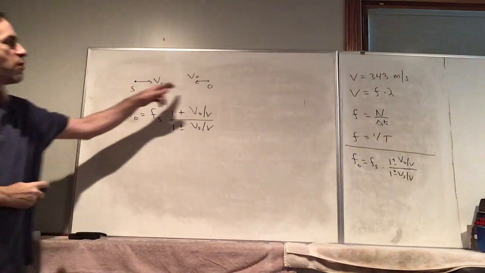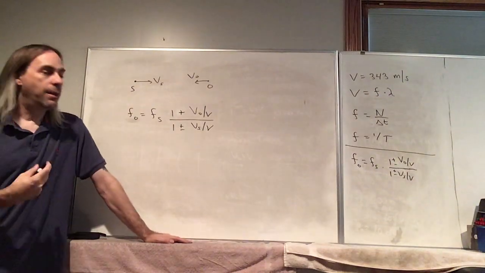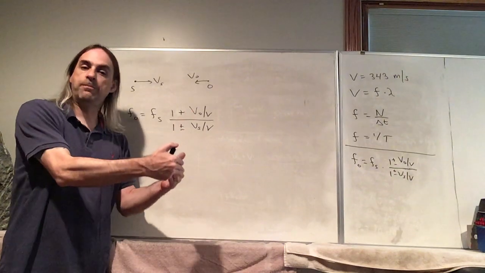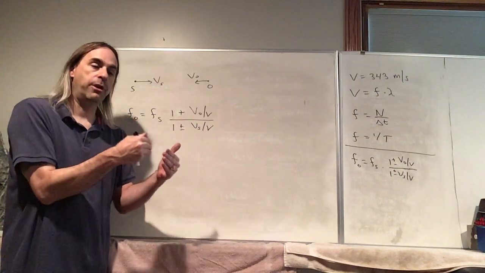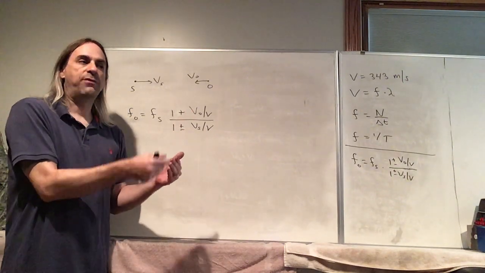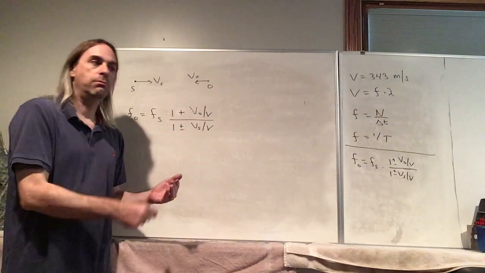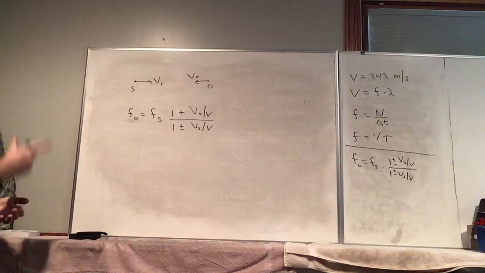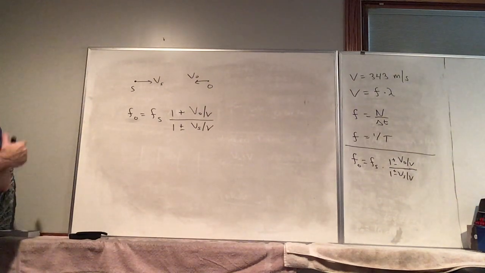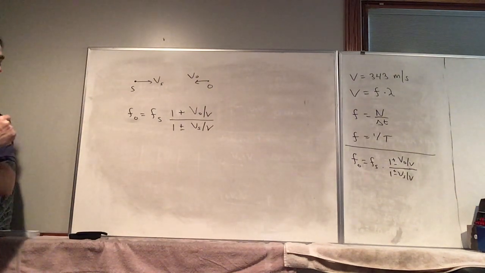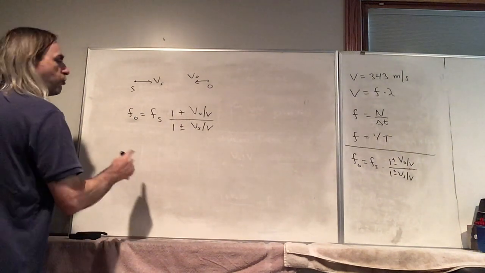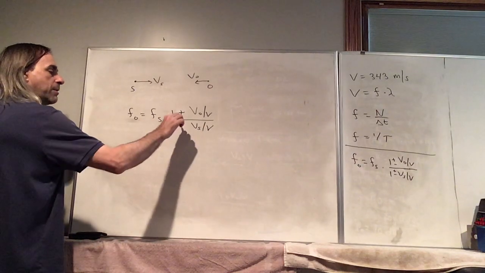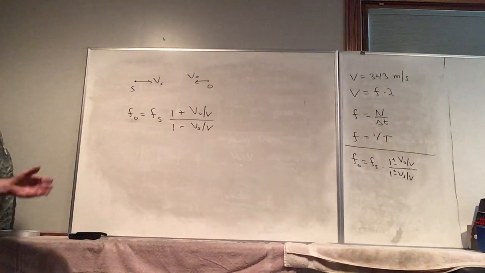Now the source is moving towards the observer. Remember, when the source is moving towards the observer, the wavefronts build up. They're closer together. So if the wavelength is shorter, that means the frequency is higher. And so we should observe an increased frequency due to the motion of the source. And this one's a little tricky. Because it's in the denominator, we'd want to use a minus sign here.